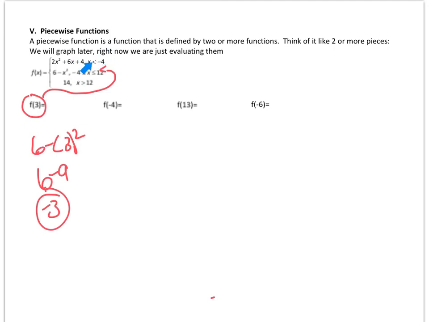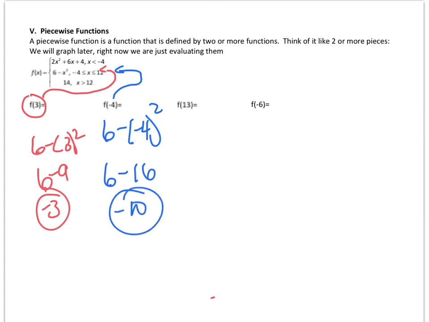However, you want to look for the one that has the less than or equal to symbol, not the less than symbol. Less than means it's up to but not including that number, whereas this one means it's including it. So you're going to put this one into the second function as well. 6 minus. Another important thing to do is when you're plugging in a negative number, make sure that you put it in parentheses for your function. So this is 6 minus 16 gives me negative 10.